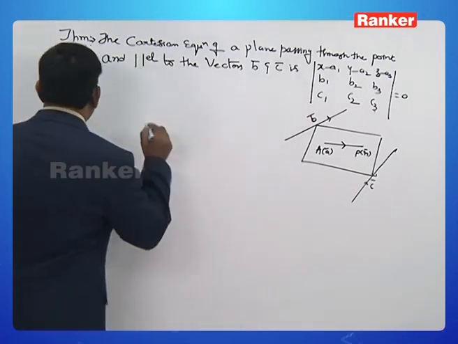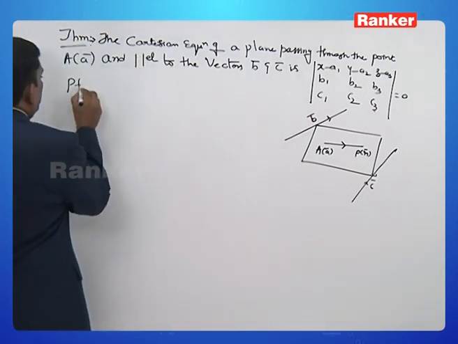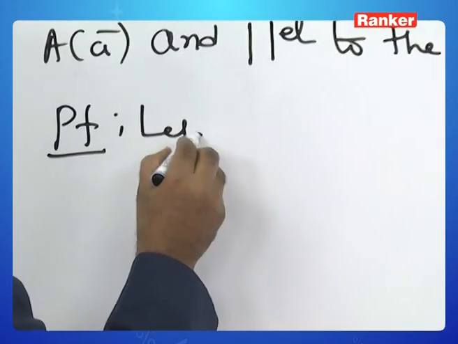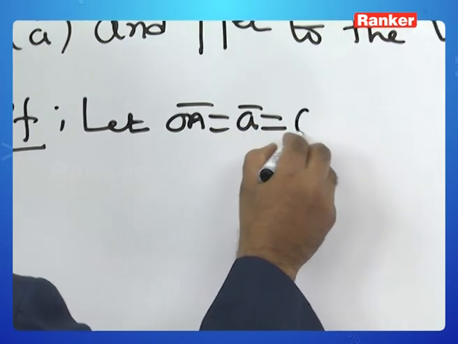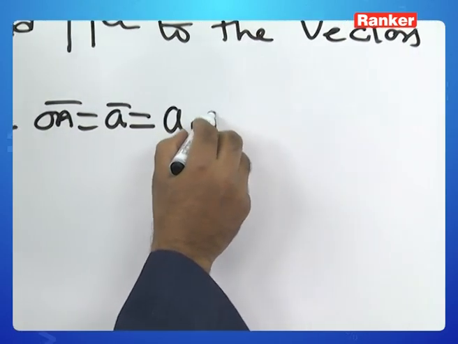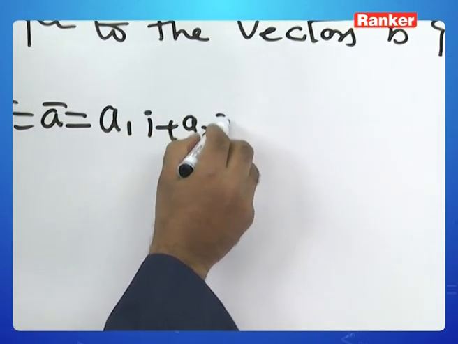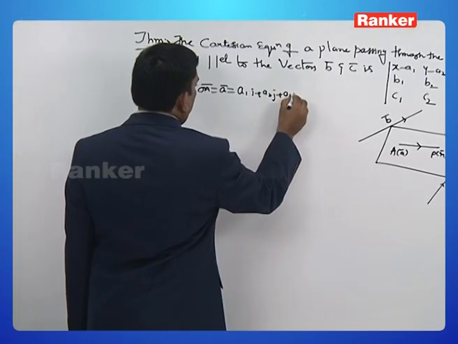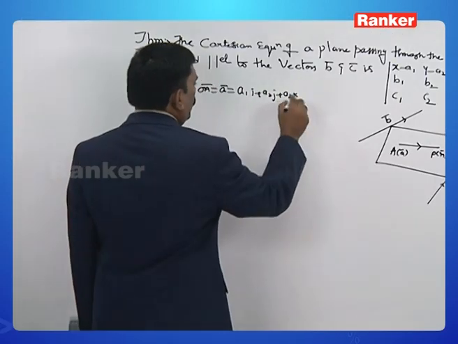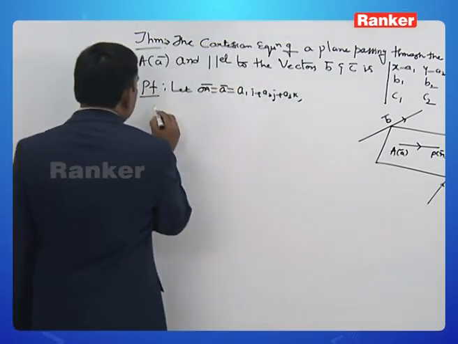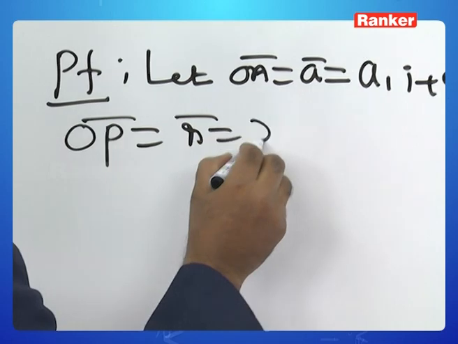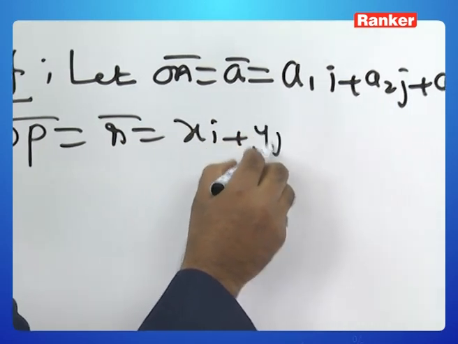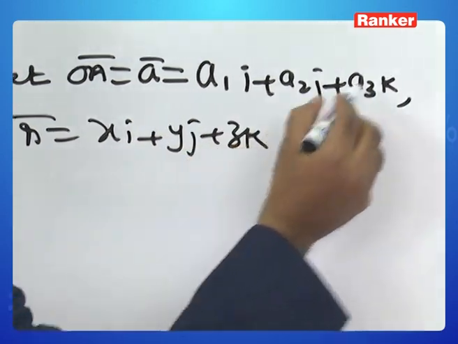Now the proof of this one is: let OA bar is equal to A bar is equal to a1 i plus a2 j plus a3 k, and OP bar is equal to R bar is equal to x i plus y j plus z k.